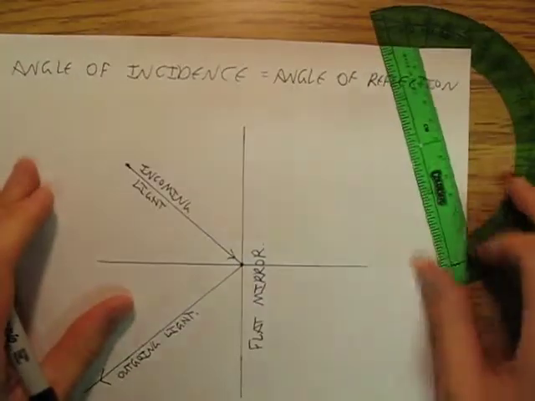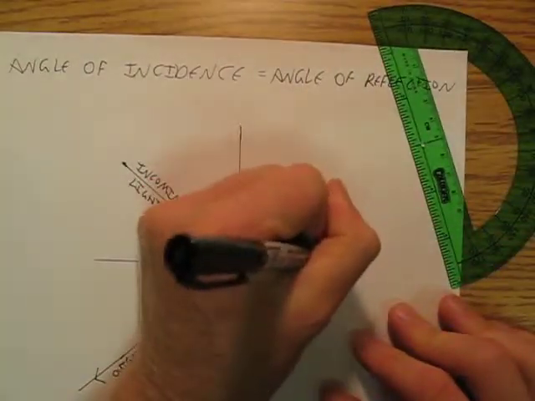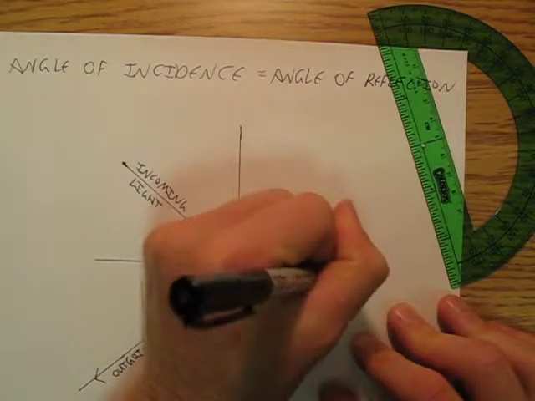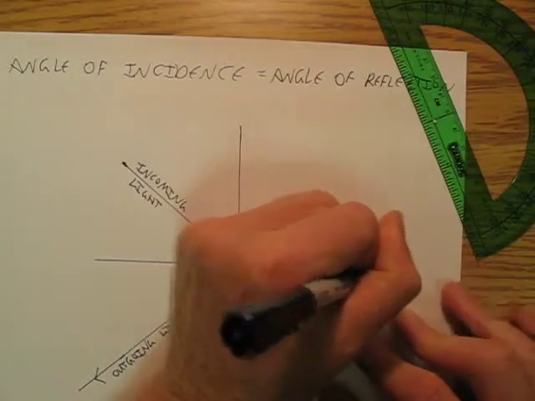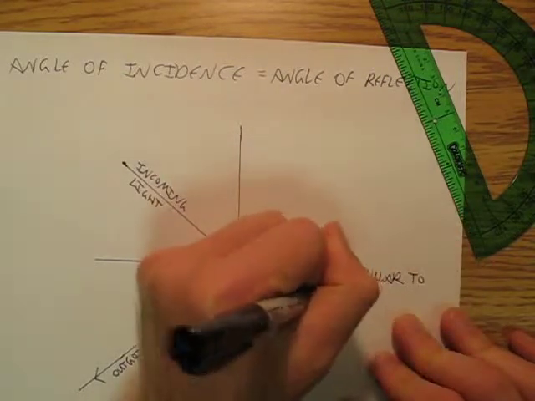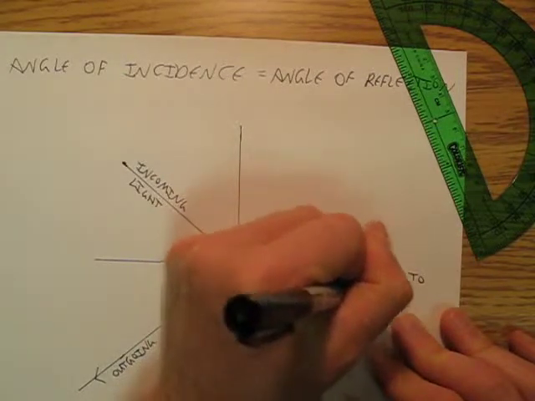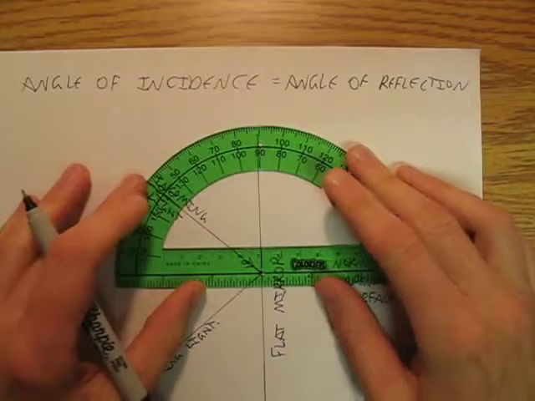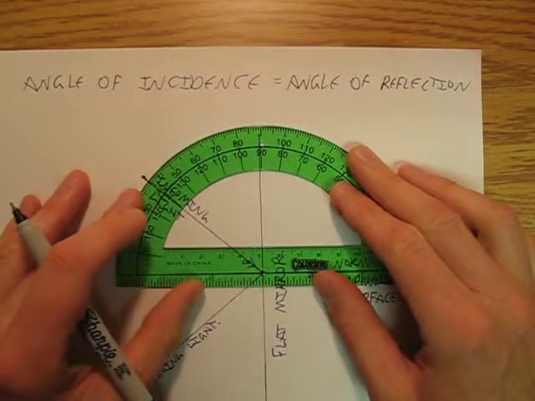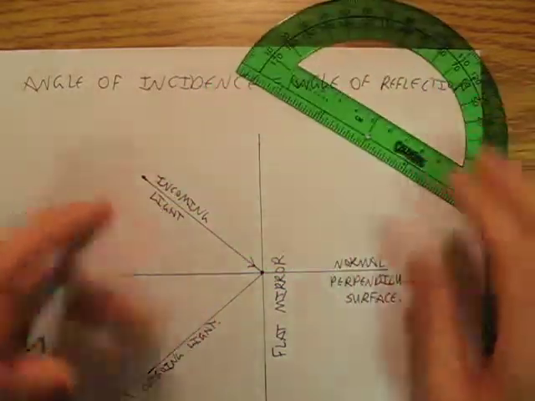That's right, it is normal. This is our normal. So here, as measured off the normal, it comes in at 40 degrees.